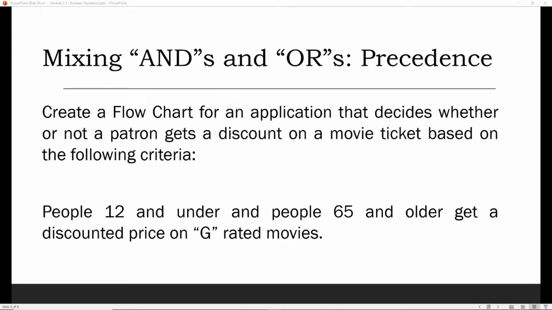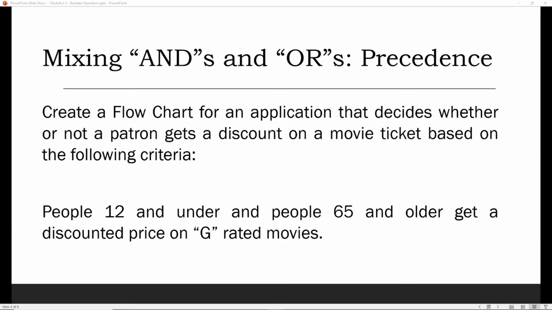Because if we try to check to see if age is less than 12 and greater than 65, that's going to be impossible because there are no values that satisfy that condition. However, based on what we saw in the truth table, if we change the AND to OR, and we check to see if age is less than 12 or greater than 65, we will have a value that satisfies that condition.